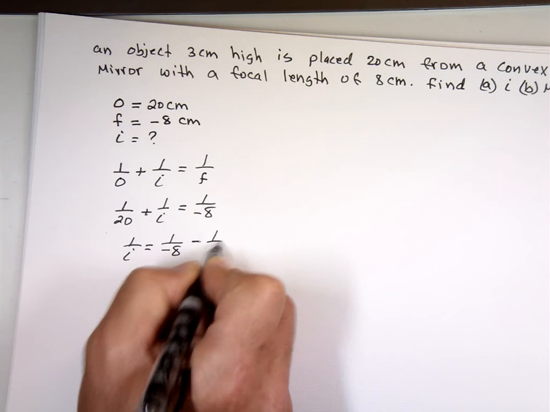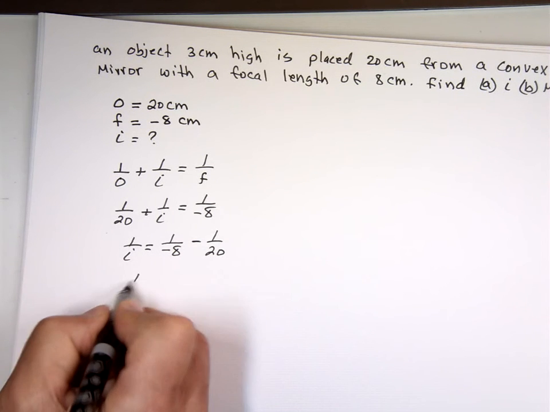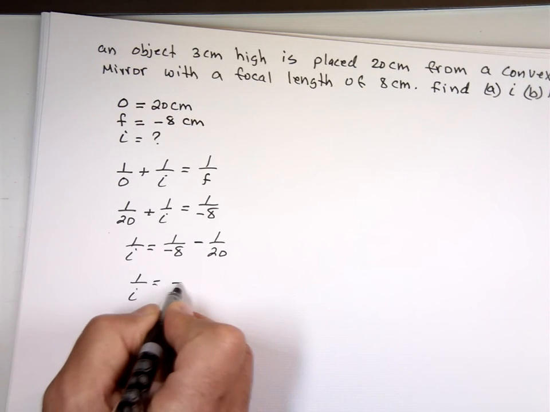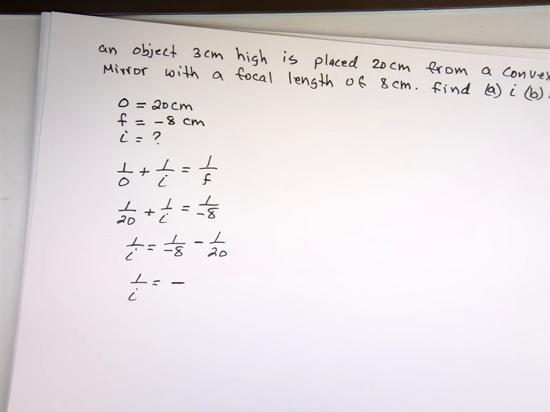It will be a negative number. Negative 0.175.